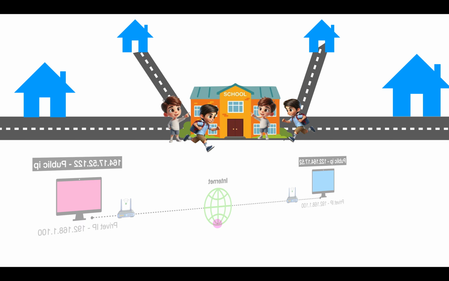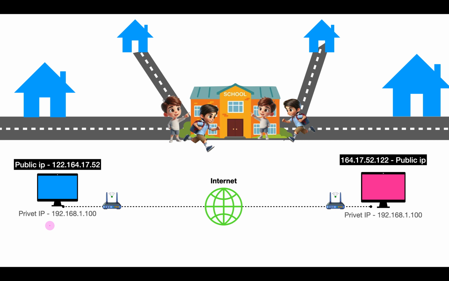Like that, computers can also use the same IP address inside the network, which is the private IP. But when they need to communicate to the internet, they have to use their public IPs.